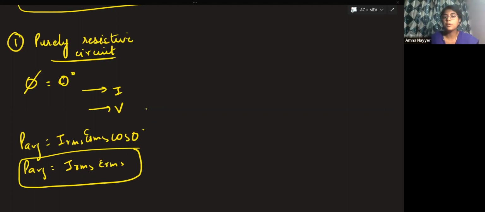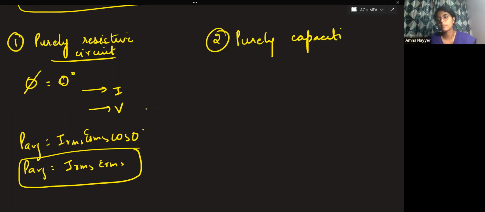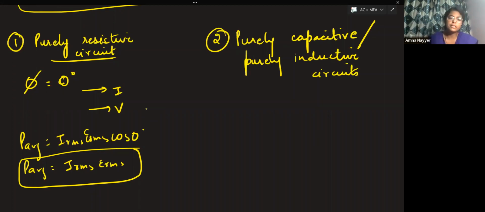Now, for purely capacitive or purely inductive circuits, either the current is leading or the voltage is leading by 90 degrees.